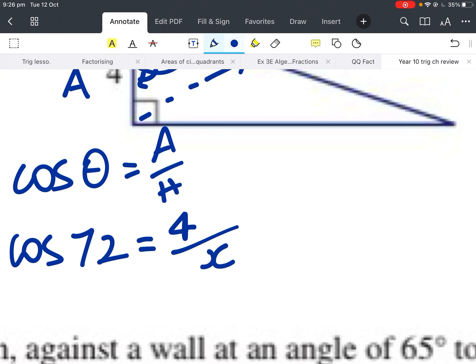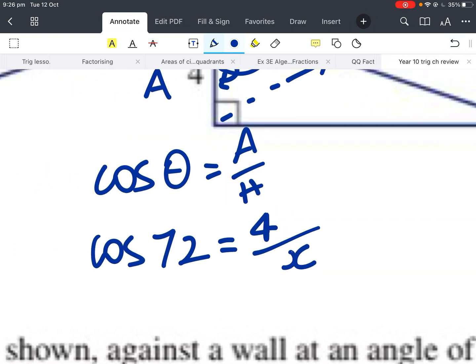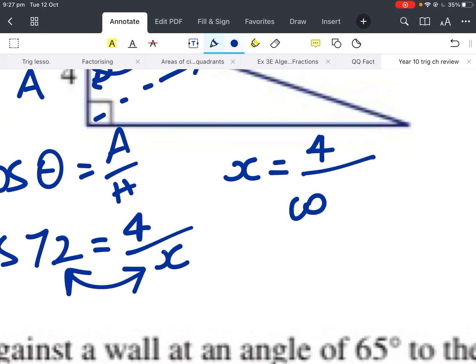This time we have the X on the bottom. Do you remember what we do? Hopefully you do. We're going to swap, right? The X goes over here, the 4 stays on top, and the cos 72 goes on the bottom. Let's do that in our calculator. 4 divided by, or fraction key, cos 72.